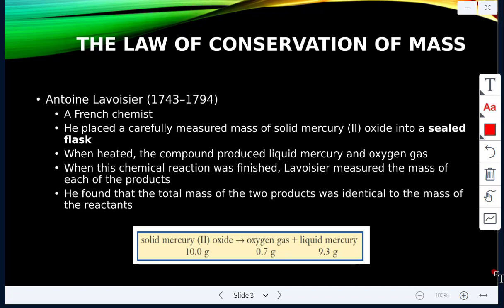When he heated it, the compound produced liquid mercury and oxygen gas. When this chemical reaction finished, he found that the measured mass of the products was identical to the mass of the reactants.